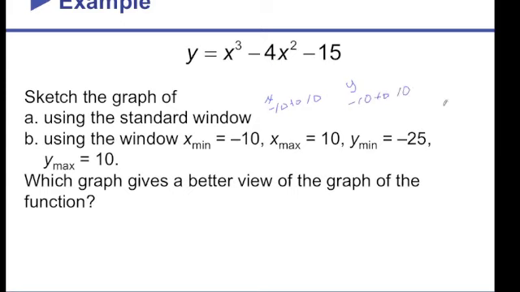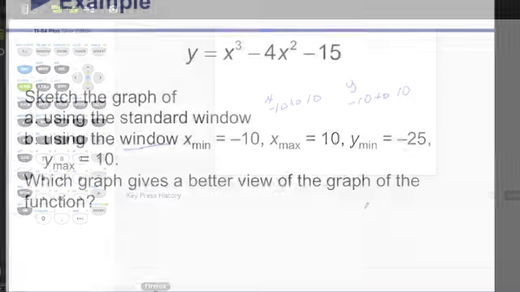And then we're going to do the same equation, but change the viewing window. So we'll go from -10 to 10 for the x values, and for the y values we'll use -25 to 10.